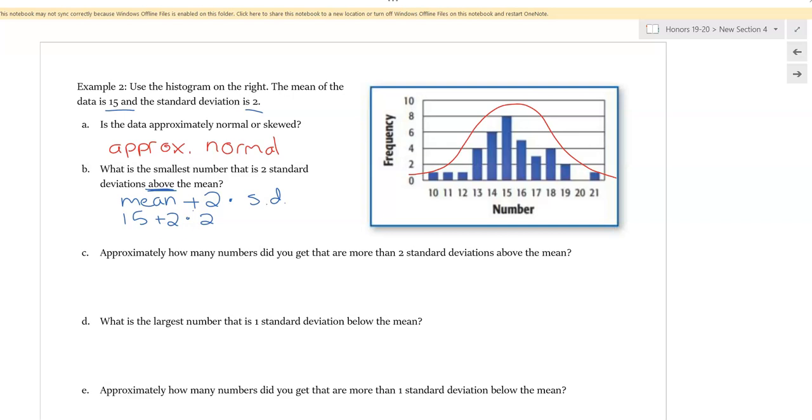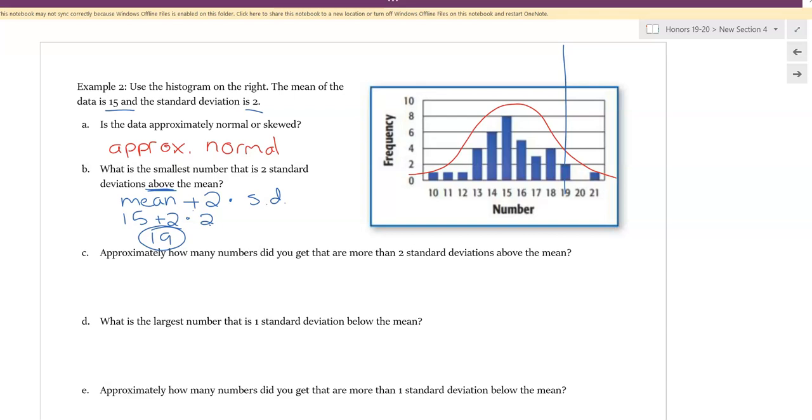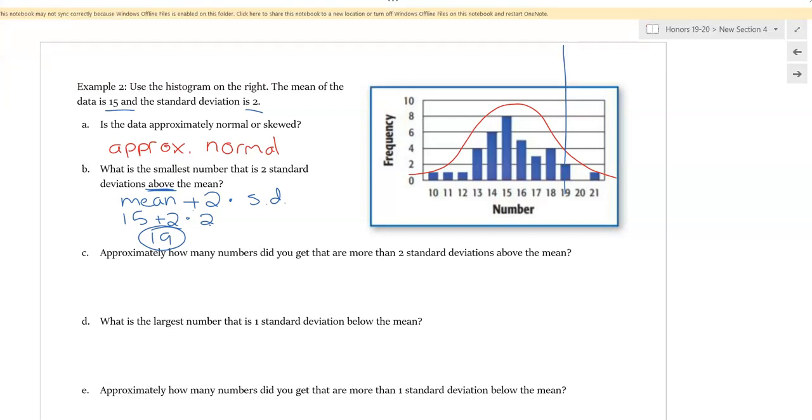Well, 15 plus 2 times 2 is 19. So it's that number. And then C, approximately how many numbers did you get that are more than 1 standard deviation above the mean? Well, that's more than that, so that one doesn't count. So it's only these numbers that count. There's 0 here and there's 1 here, and 0 plus 1 is 1.